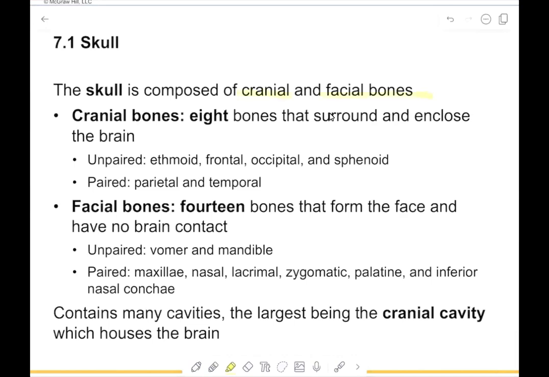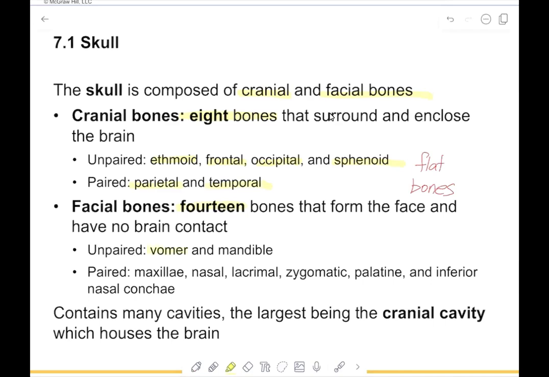So it's important for you to know that there are 8 cranial bones. They include ethmoid, frontal, occipital, and sphenoid, all of which are unpaired. And the paired ones are parietal and temporal bones. These bones all have the shape of flat bones. Then there are facial bones. There's 14 facial bones that form the face and have no brain contact.